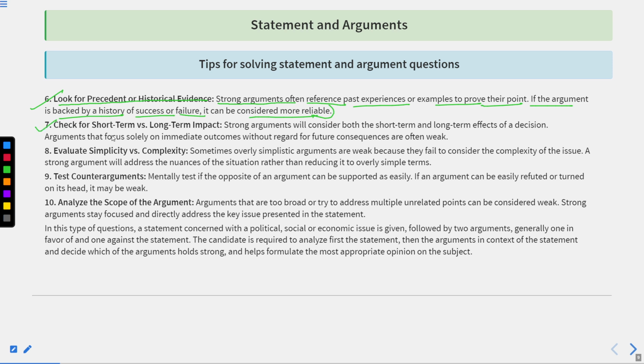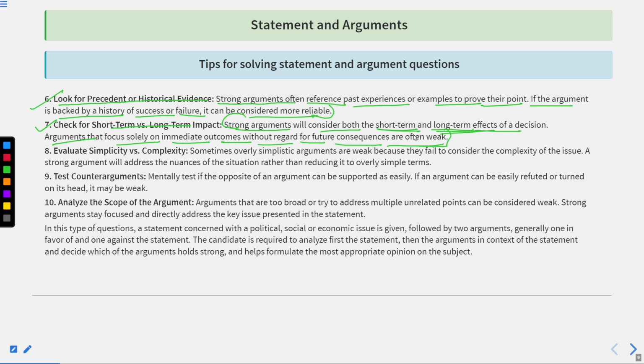Check for short-term versus long-term impact. Strong arguments will consider both the short-term and long-term effects of a decision. Arguments that focus solely on immediate outcomes without regard to future consequences are often weak. So what will strong arguments follow? They will consider both the short-term as well as the long-term effect of a decision.